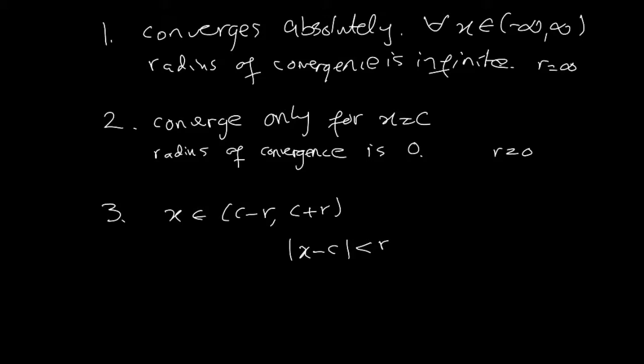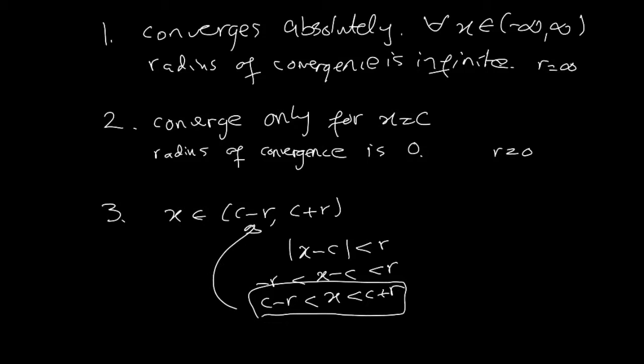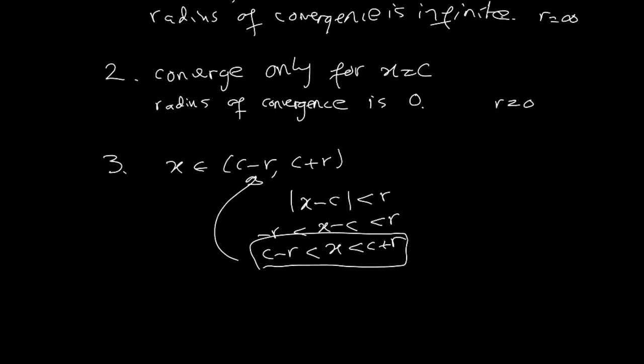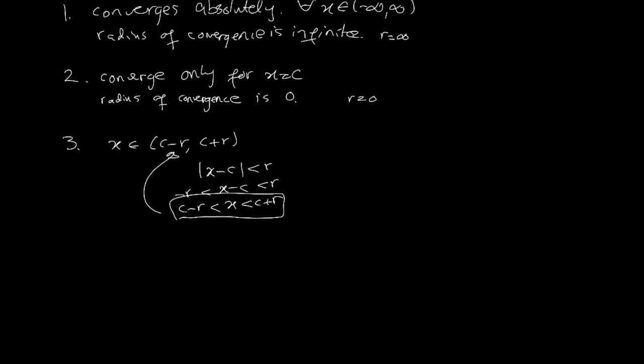So x minus c is greater than minus r and less than r, which means that x is greater than c minus r and less than c plus r. So the third possibility is that the series converges for x belonging to (c minus r, c plus r), and it diverges otherwise.